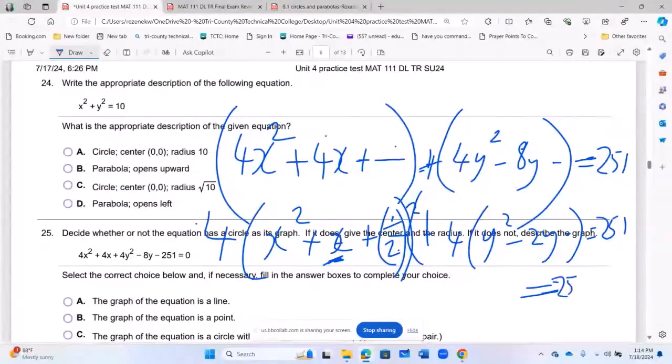Don't forget that this 1/2 squared is 1/4, and 1/4 times 4 is 1. So I put 1 on the right, because that's exactly what I added.